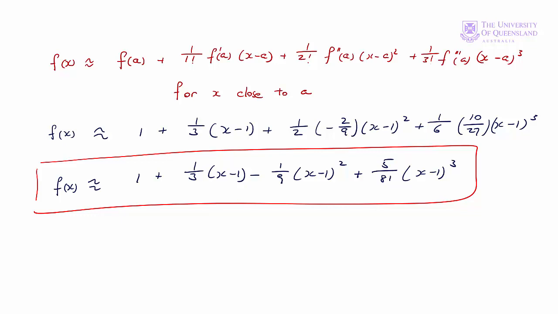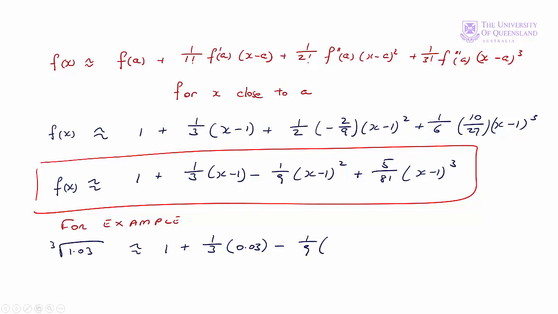As we did in examples 6 and 8, we'll find the cube root of 1.03. What we do is to substitute 1.03 where we see x. So that will be 1 plus 1/3 times, well, 1.03 minus 1, it'll be 0.03, minus 1/9 times 1.03 minus 1, 0.03, this time squared, plus 5 on 81 times 0.03 cubed.